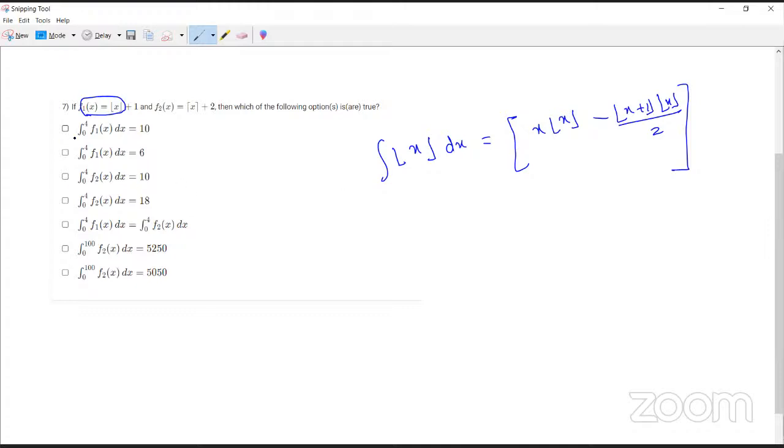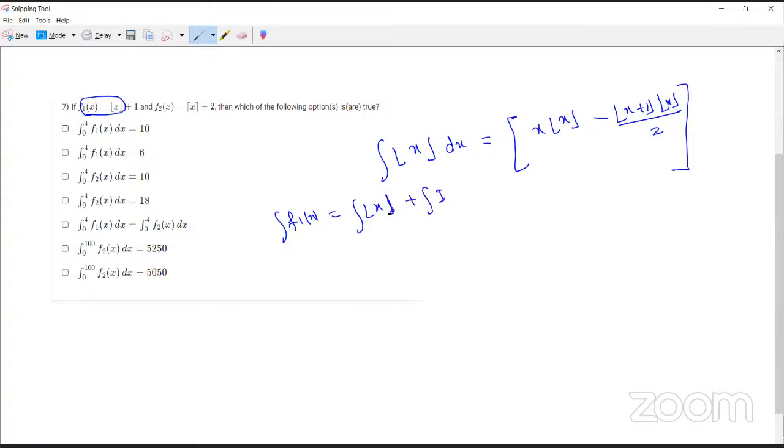Like for this 0 to 4, you can simply draw the graph and find out the area. But for this type of question, it will be difficult, right? So we have to remember the formula, right? So the integral of f1 of x will be the integral of floor function plus the integral of 1, right?